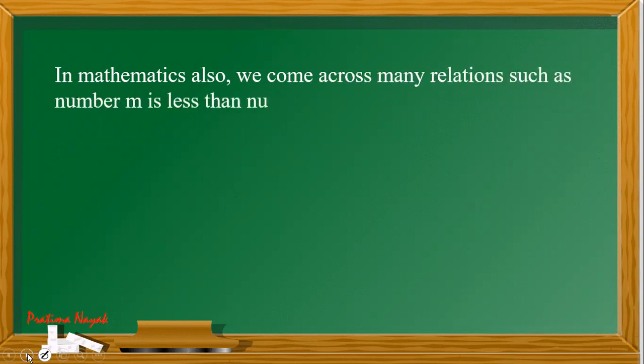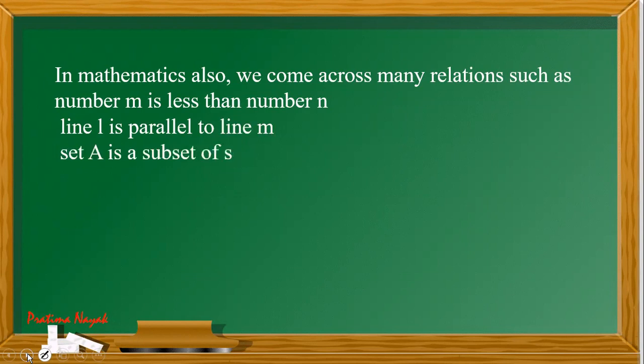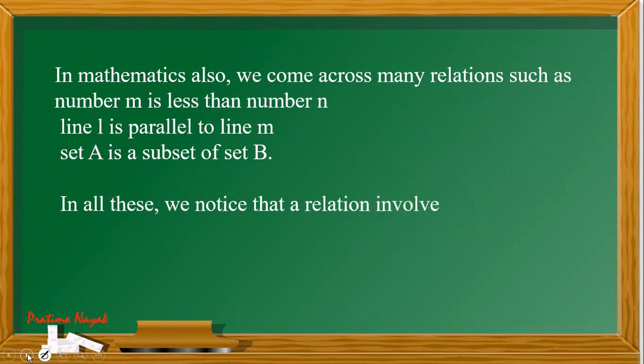Maybe m is less than number n, line L is parallel to line M, set A is a subset of set B. So in all these, we notice that a relation involves pairs of objects. Relation is always between two objects.